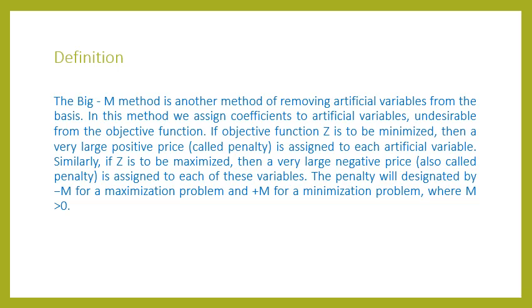On the contrary, if the objective function is to be maximized, a large negative big M is assigned to each of these variables, which we know as big M.